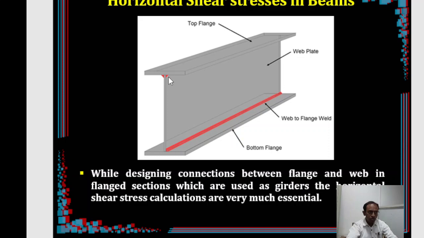In order to find the amount of welding to be applied, particularly in welded connections, to decide the thickness of the weld, we need to calculate the horizontal shear stress developed at this junction, in this direction. So we calculate that, and accordingly we provide the size of the welding.